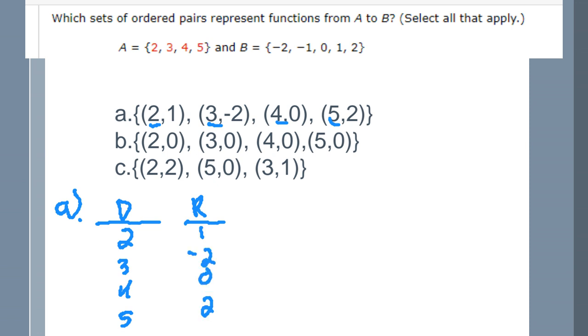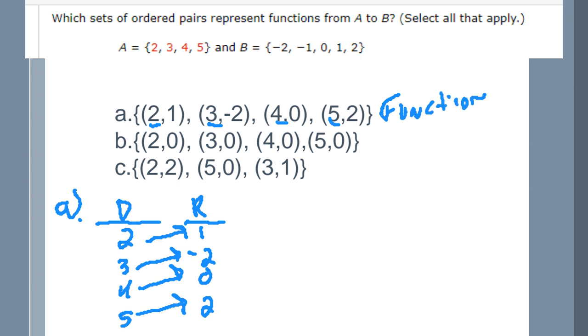So 2 goes to 1, 3 goes to -2, 4 goes to 0, and 5 goes to 2. Are each of those numbers going to exactly one thing in the range? And the answer is yes. So therefore, this is a function.